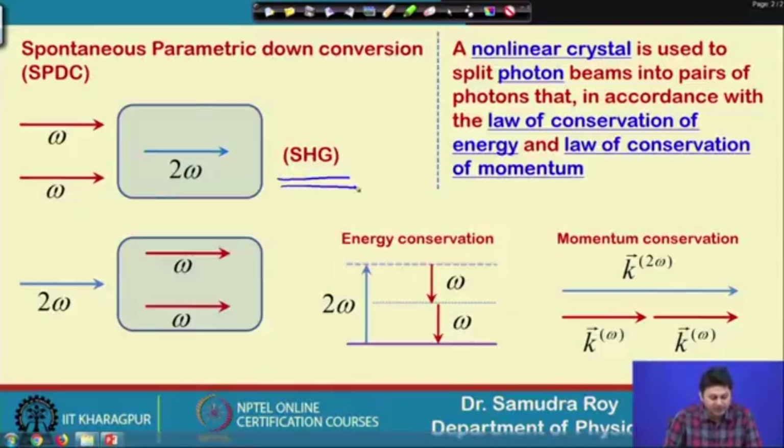So, this is some sort of opposite process or reverse process, where we launch 2 omega and expect to generate a frequency which is half of that, that means omega. However, the momentum and energy conservation is still valid as shown in this figure. So, this is the old slide I am using as a recap.